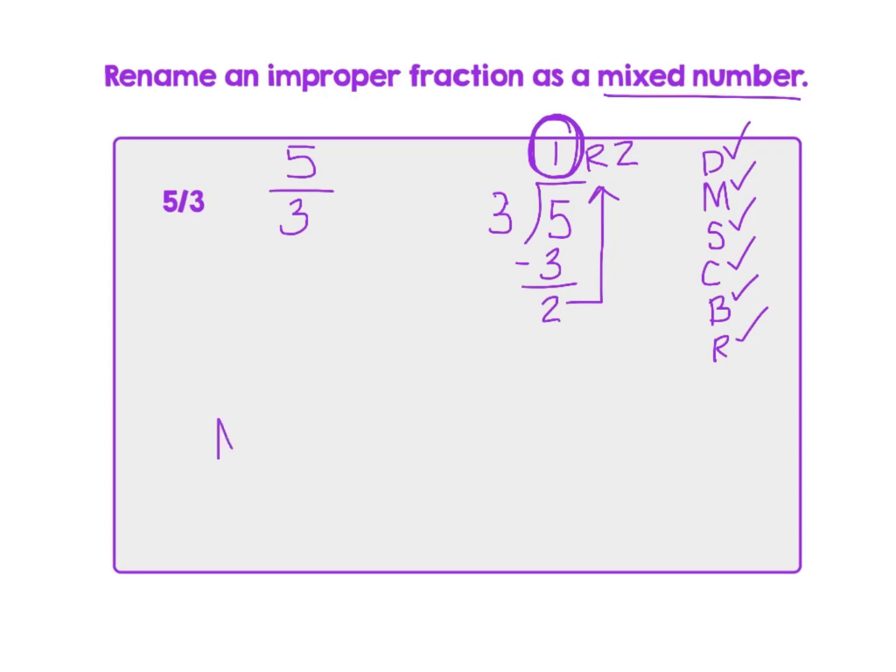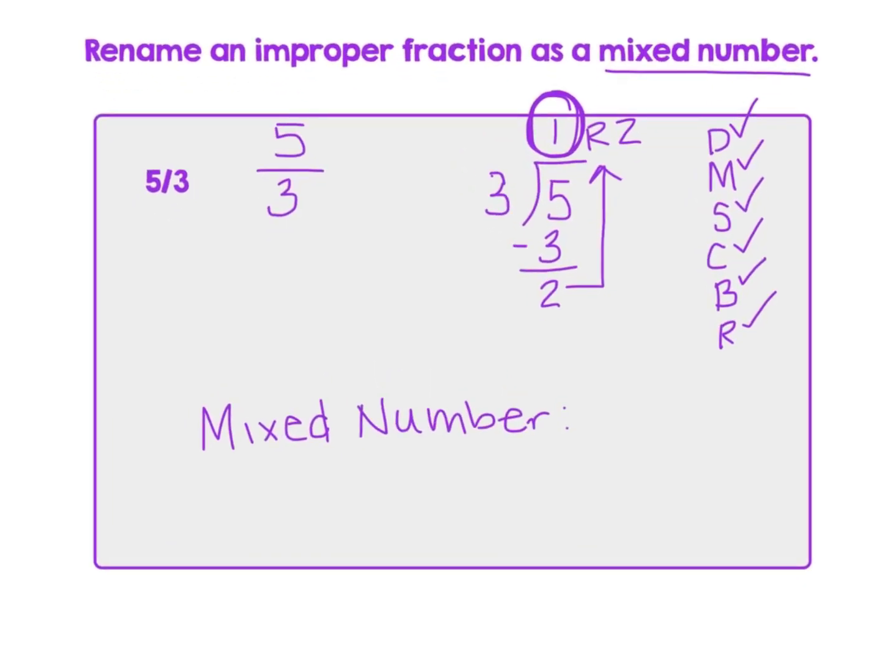I'm going to write a mixed number. And so I'm going to have 1, and then my denominator will still be 3, and my remainder actually becomes my numerator. So 1 and 2/3 is the same as 5/3.